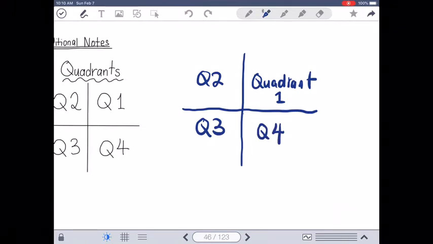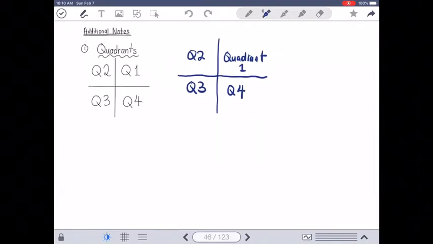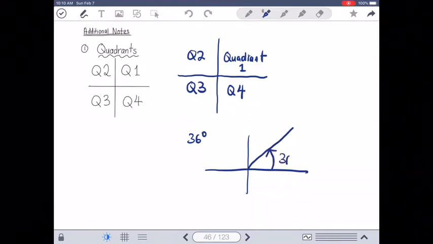Suppose that I have an angle, say maybe 36 degrees. The way we draw this angle, 36 degrees lies in quadrant 1.